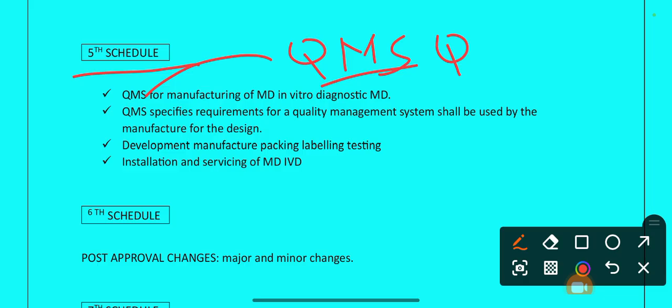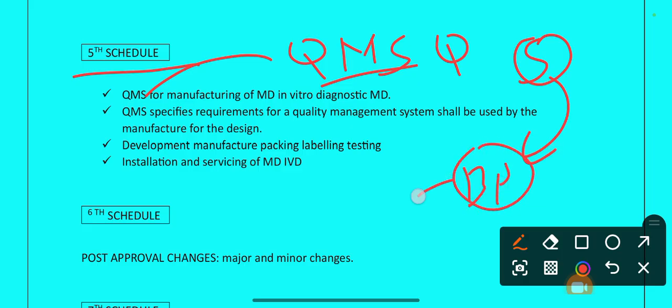For example, a sphygmomanometer, a blood pressure instrument: when you manufacture it, you properly check whether the instrument is usable or not, and any side effects or disadvantages, following the fifth schedule of the Medical Devices Rules, 2017.